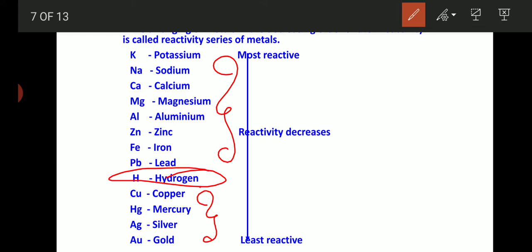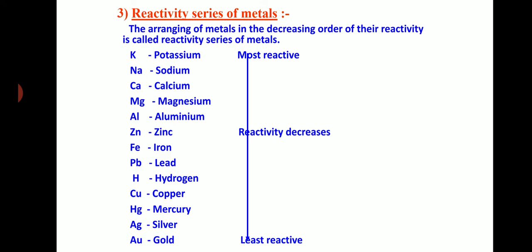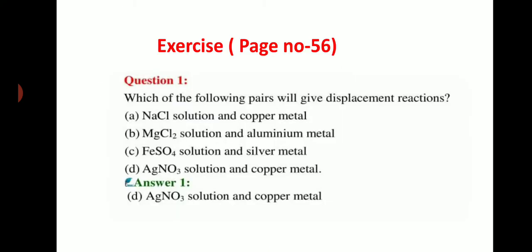So what is the question here? Name any two metals. You can write any two from these metals that displace hydrogen, and the metals which do not displace it: copper, mercury, silver, gold. Okay, the choice is left to you. You can write, but write the correct answer.